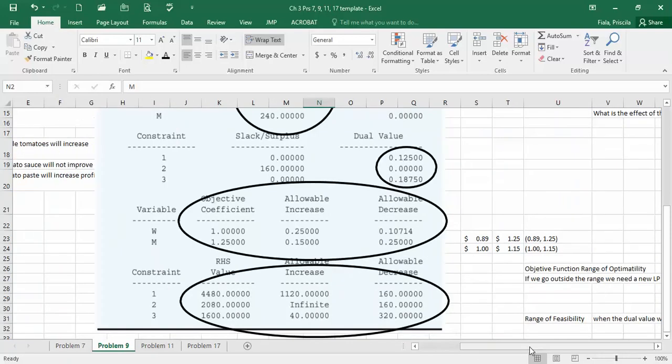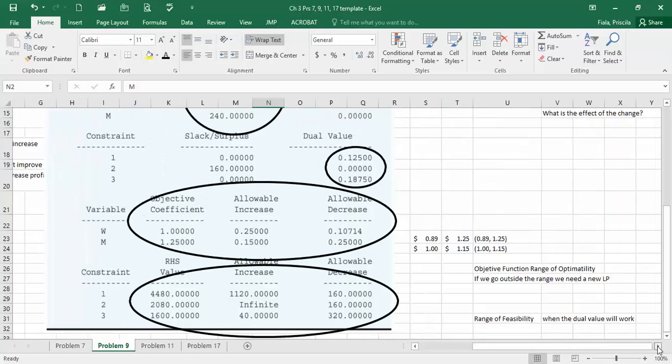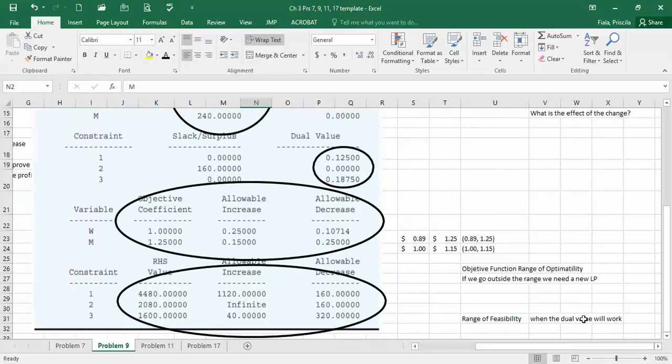Therefore, what we need to do to have, which we call the range of feasibility, is that means as long as we stay in this range, then our dual value will work. So all we need to do is to do the actual right hand side value, which is 4480, minus how much is my decrease? 160.